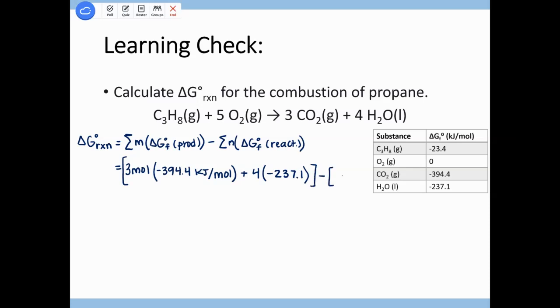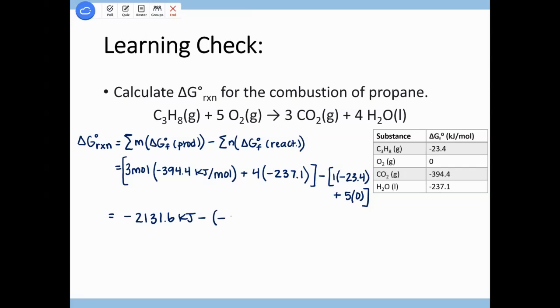And then subtracting reactants. For delta G, oh no, they're not both 0. 1 times negative 23.4. 0 just for oxygen. All right. So the result of the first set of brackets is negative 2,131.6 kilojoules.